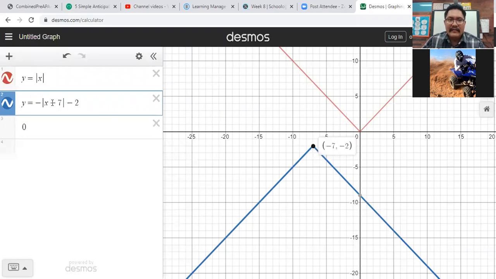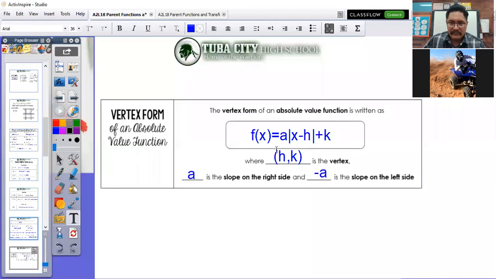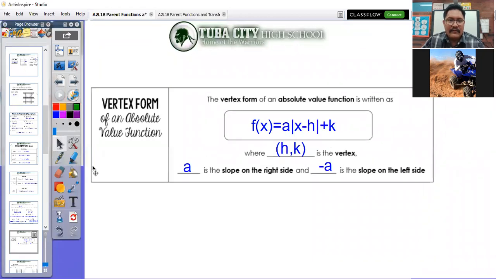Now again, your x value is going to be inverted of the number that it actually is. So if it's +7, the vertex is going to move in the negative direction. So again, that's the important thing with this one here. This negative right here has to be accounted for.